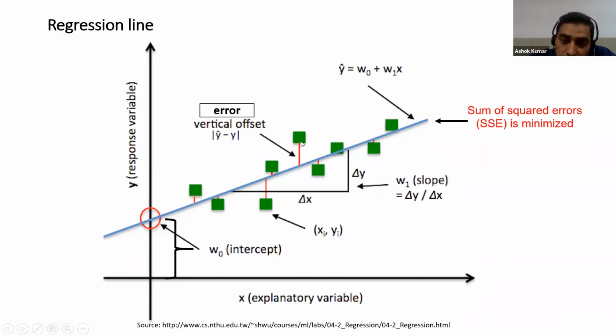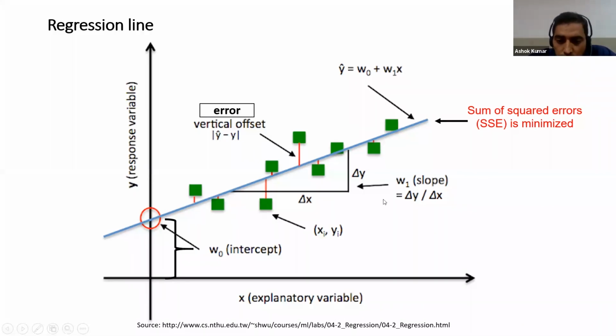When we square this error and add all these errors, the sum of squared errors is minimized, it is the minimum. Otherwise it is not the best fit line.